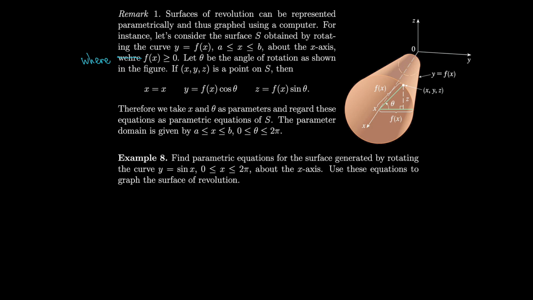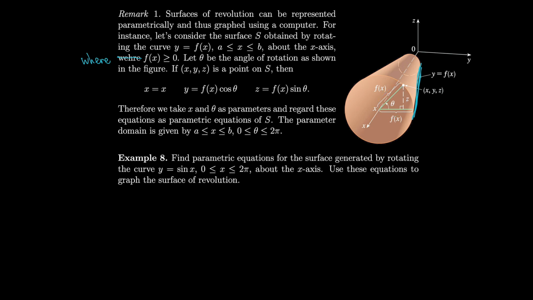So we've got some y equals f of x in our plane, and then we rotate it around the x-axis. So notice that this distance is f of x, this distance is f of x. So we can let x be the parameter, x equals x. Theta is our angle of rotation. And then z is just going to be f of x times sine of theta, by looking at this triangle.